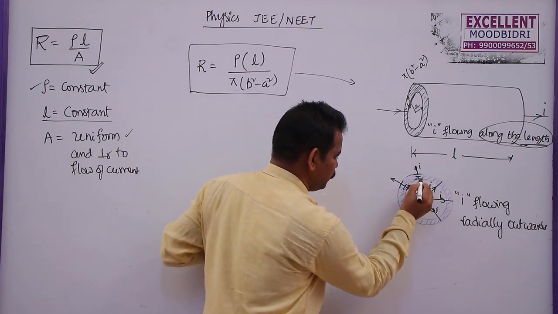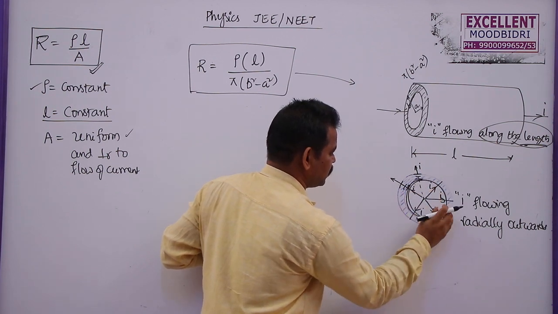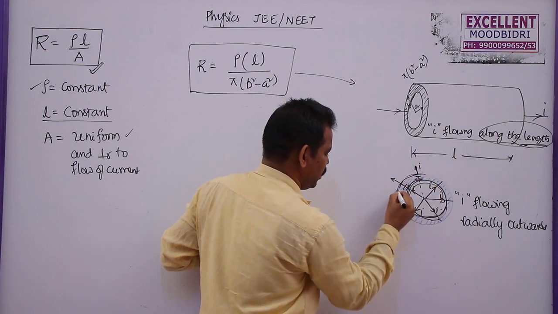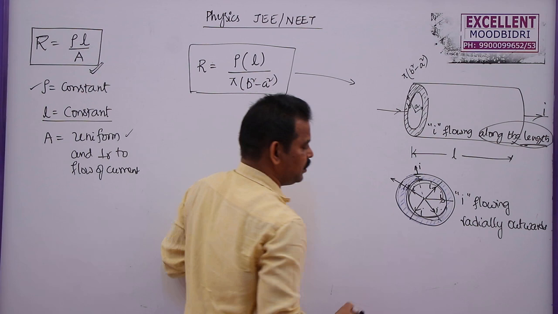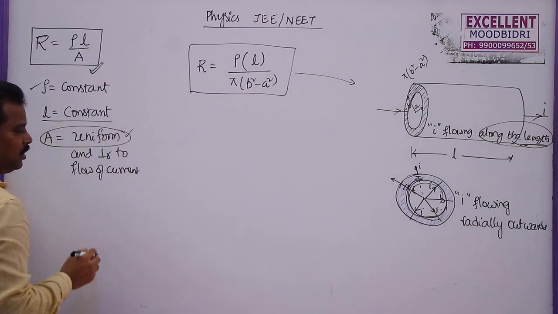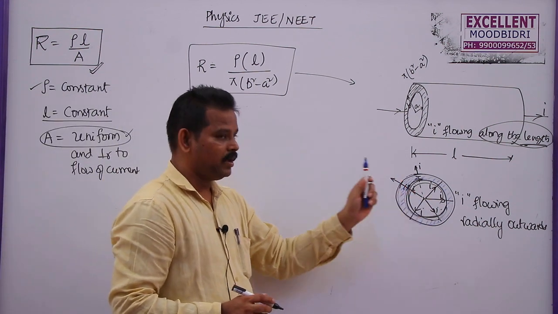See here, if you take this inner ring, the area of cross section is pi a square, but externally it is pi b square. So the area is not uniform. Area is perpendicular to the current only, but it is not uniform.